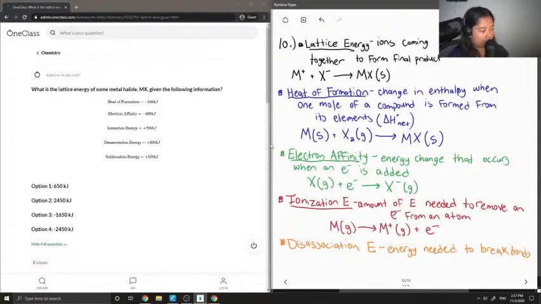So in our case, let's say we have our elemental halide. The energy needed to break them apart is dissociation energy.